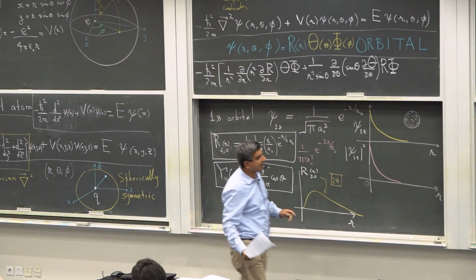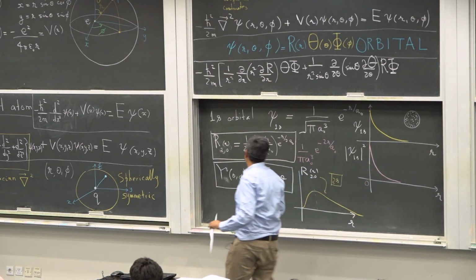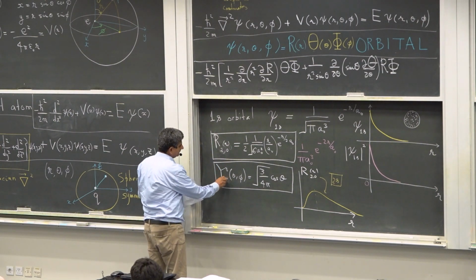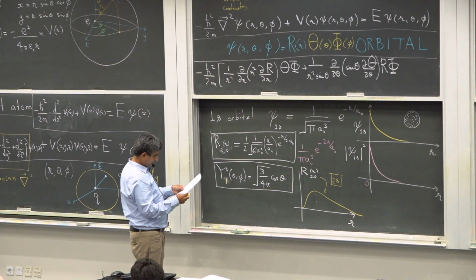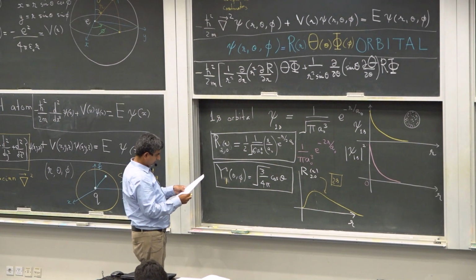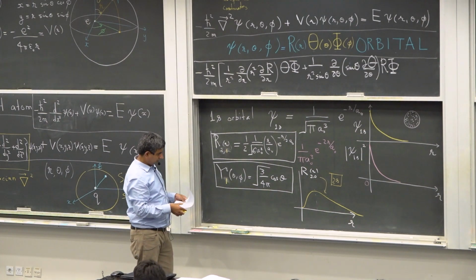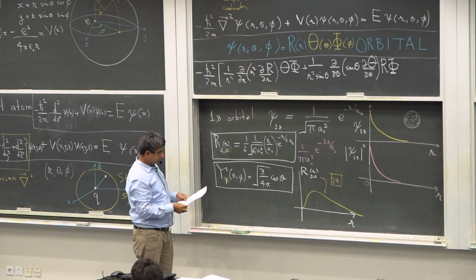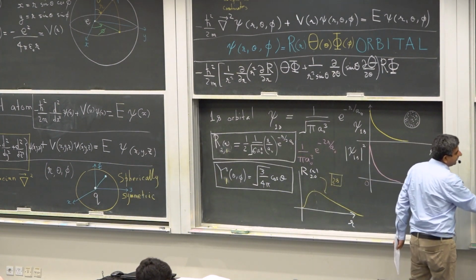What am I choosing? My L equals 1. Oh yeah, this is 2 1. Sorry. N is 2, L is 1.